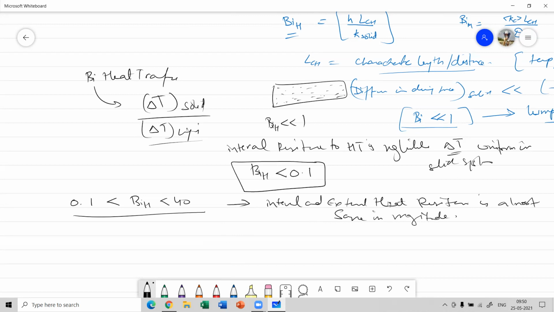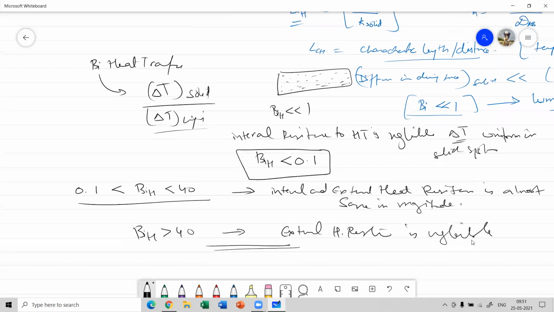That means the value of the internal resistance and the external resistance is almost the same. And if the Biot number is greater than 40, then we say that the external heat resistance is negligible. So the Biot number for heat transfer is basically divided into three parts: less than 0.1, greater than 40, and in between 0.1 to 40.